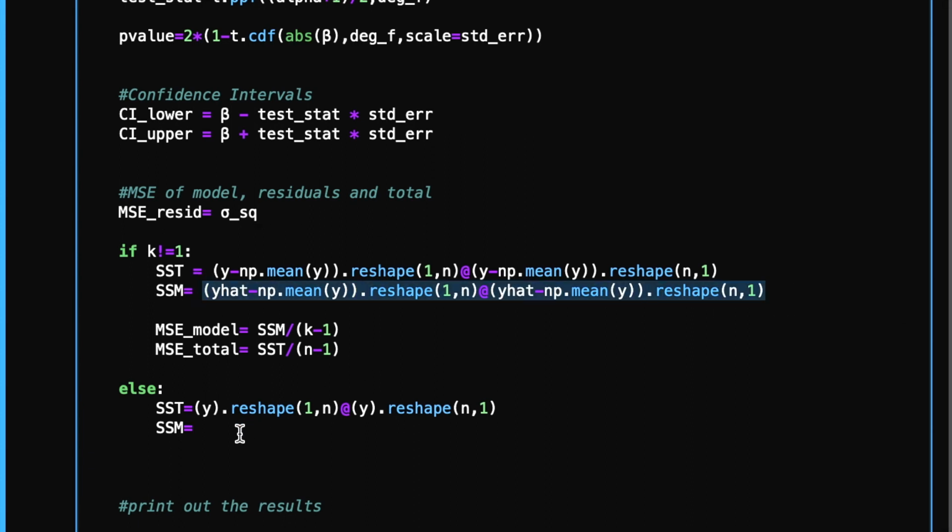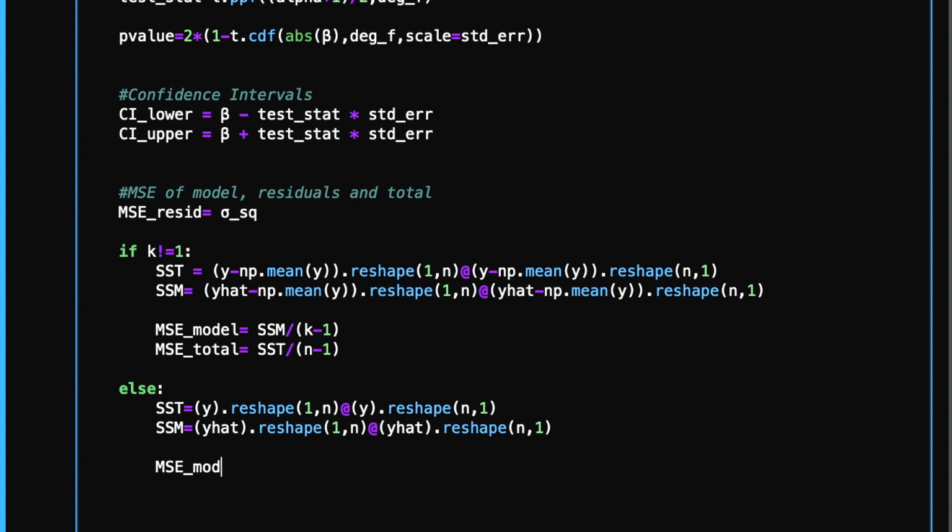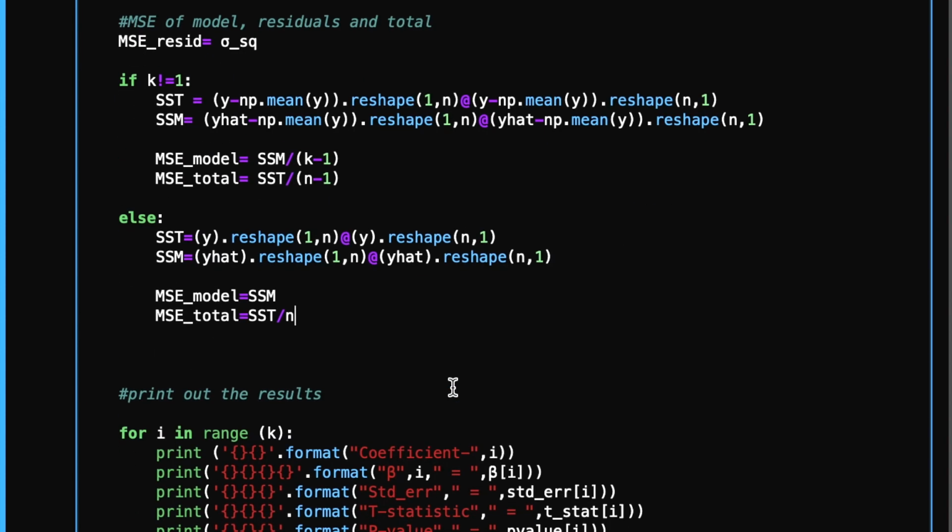Instead of y hat minus y bar, it will be just y hat square. Okay, so this should work. And these formulas would change a bit as well. So MSE of the model is going to be SSM, and MSE total is going to be SST divided by just n. So now we have the mean squared errors.